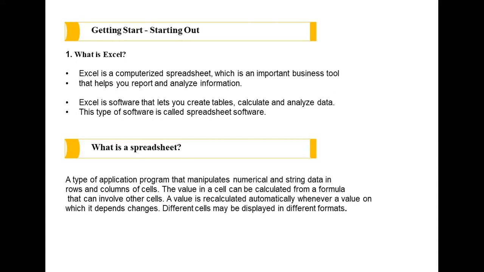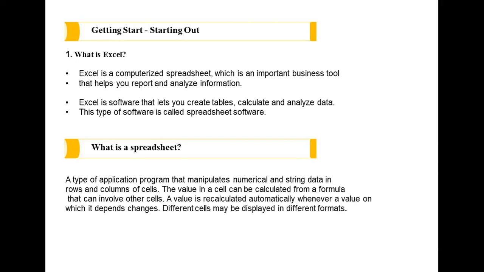Now, the value in a cell can be calculated from a formula that can involve other cells. A value is recalculated automatically whenever a value on which it depends changes.